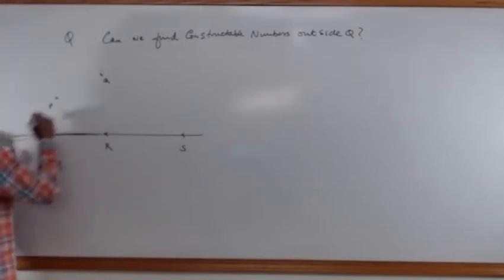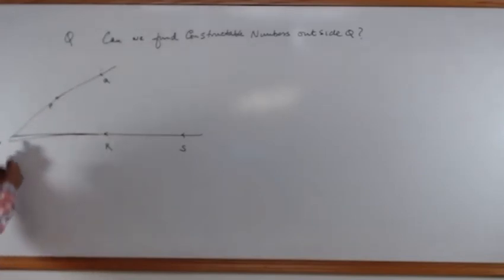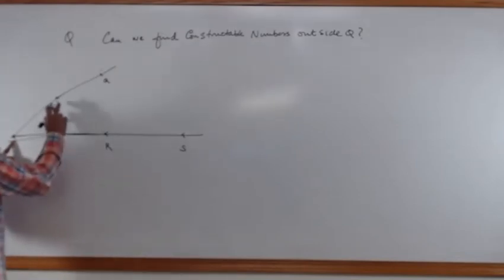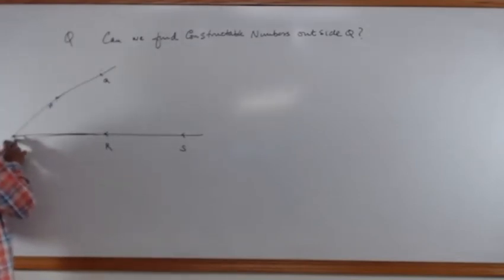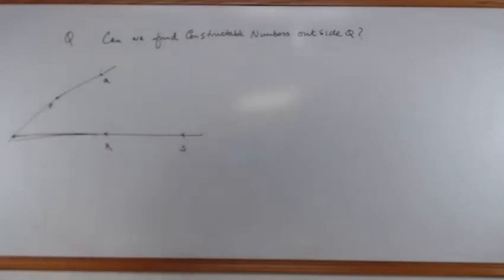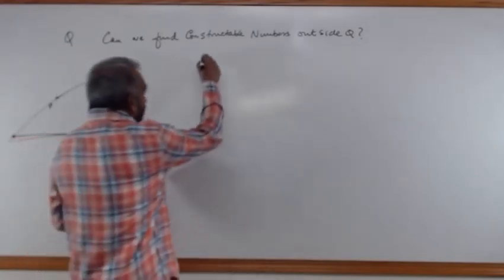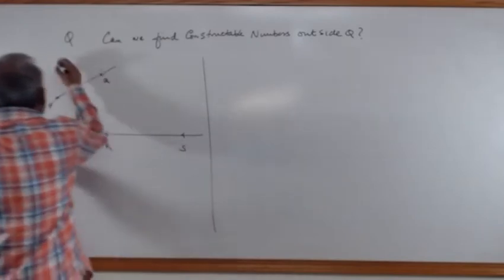You can join this and you can also join this. So you are getting a totally different point here. You are constructing a point here other than these 4 points. Okay, this is case 1.